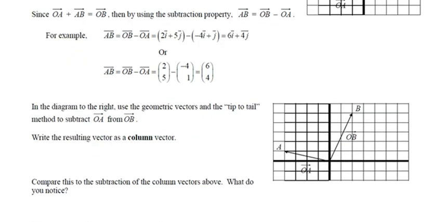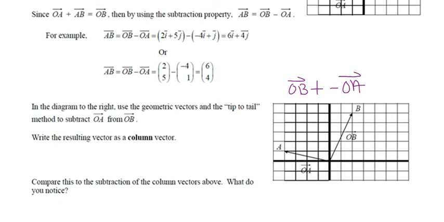In the diagram to the right, use the geometric vectors and the tip-to-tail method to subtract OA from OB. So how do we subtract OA from OB? You reverse one of them. Which one? What are we subtracting? We're subtracting OA from OB.